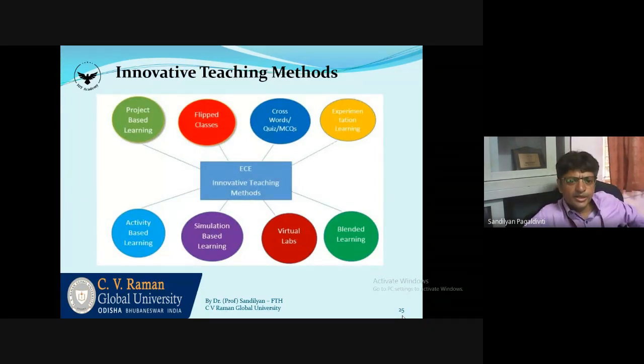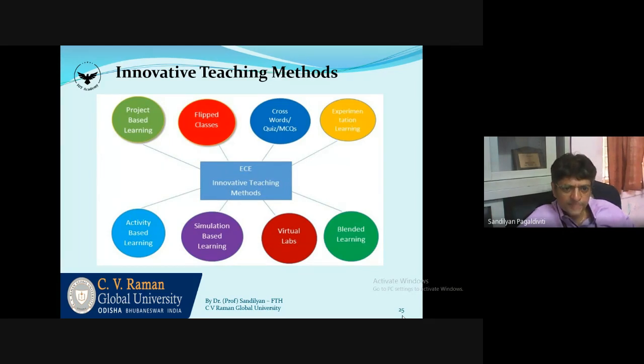Some of the innovative teaching methods which I have mentioned here: project-based, flipped classrooms. You can use crosswords, quizzes, MCQs, experimentation and experiential learning. It can be activity-based. It can be simulation.